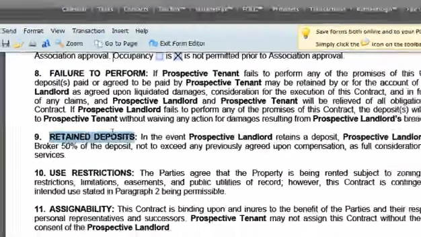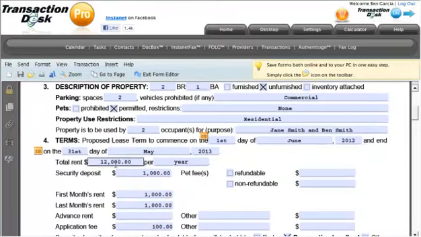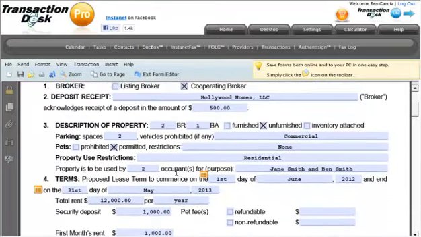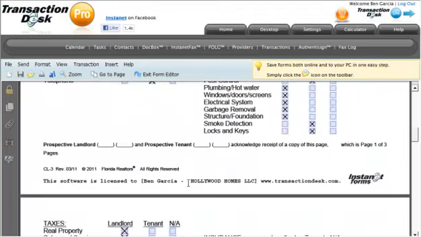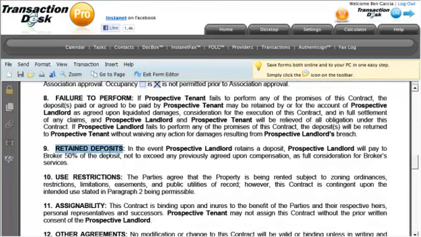Retain deposits. We have $500 as a current deposit. This does not mean security deposits. Another confusing point. A lot of agents think that this is retained security deposit at the end of the lease. This is not. This is deposits as good faith prior to moving in.